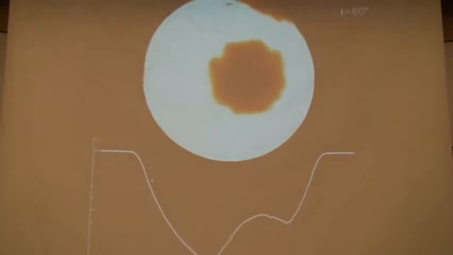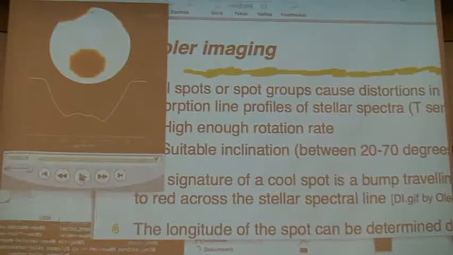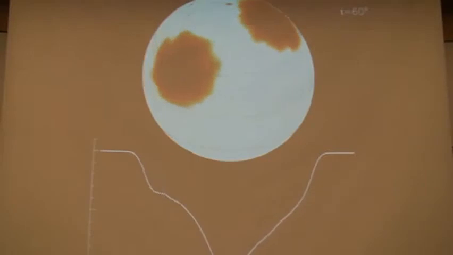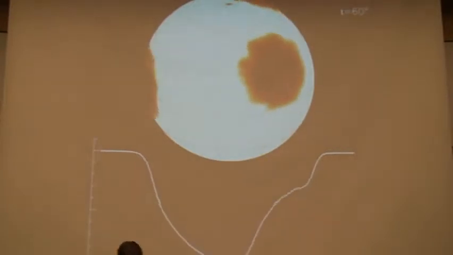So you can see this bump coming from the left, going to the right. First you see this on the blue side, and then on the red side of the spectrum line. Okay, so this is kind of basic.